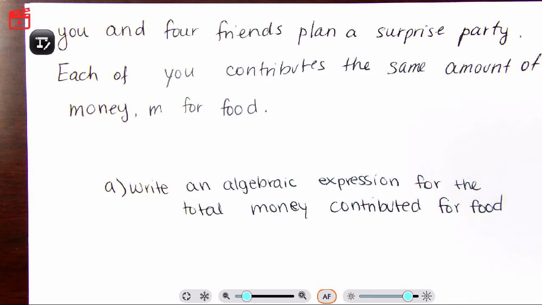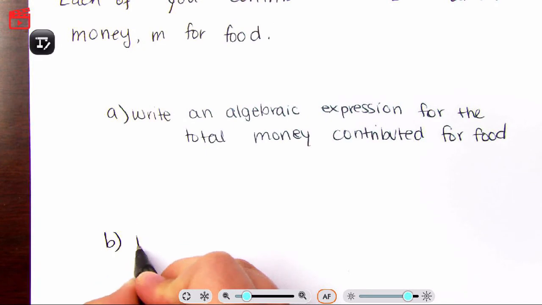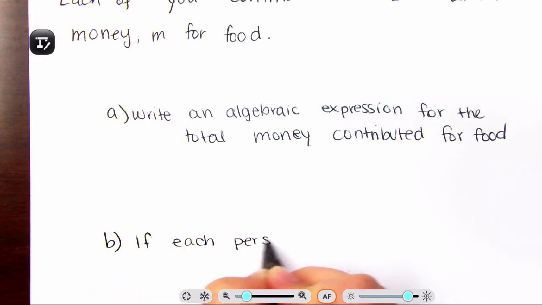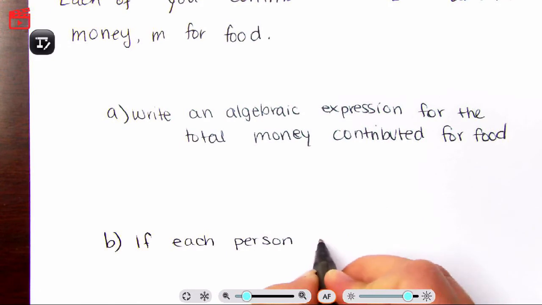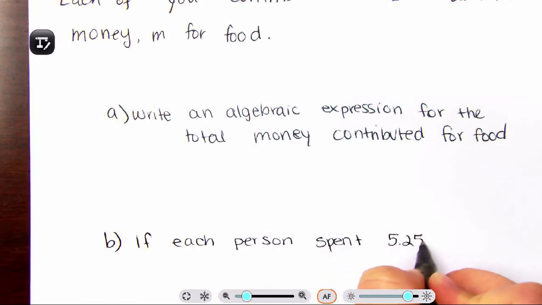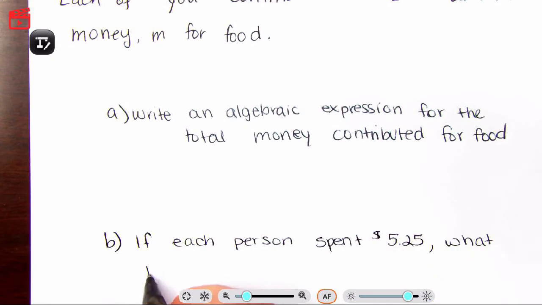After that, they want you to say, hey, if each person spent $5.25, what is the total?